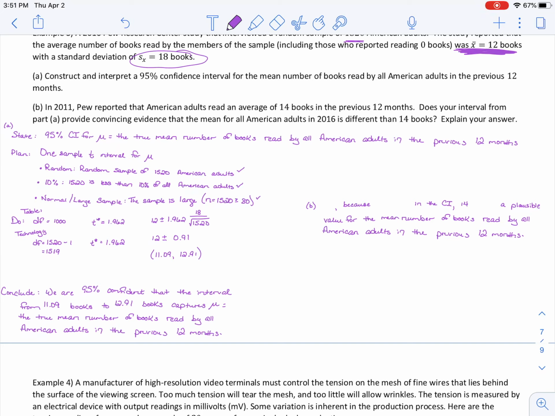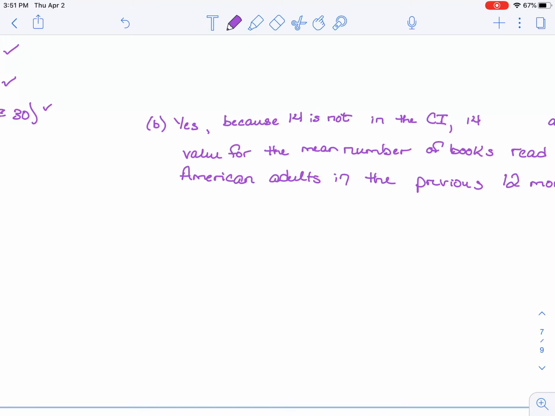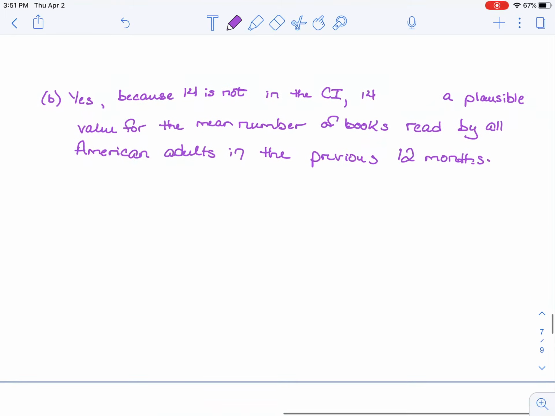No. So because it's not a plausible value, do you have evidence that it's something different than 14? Yes, we do. We have evidence that it's different because 14 is not in the confidence interval. So 14 is not a plausible value for the number of books read by Americans in the previous 12 months.